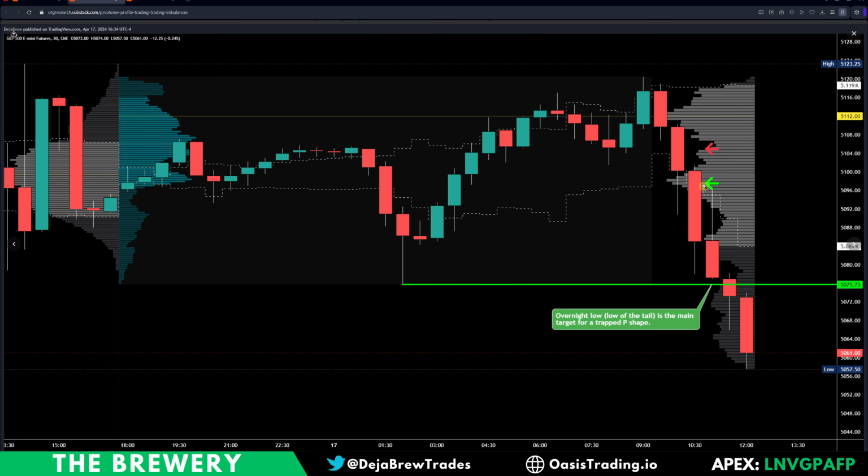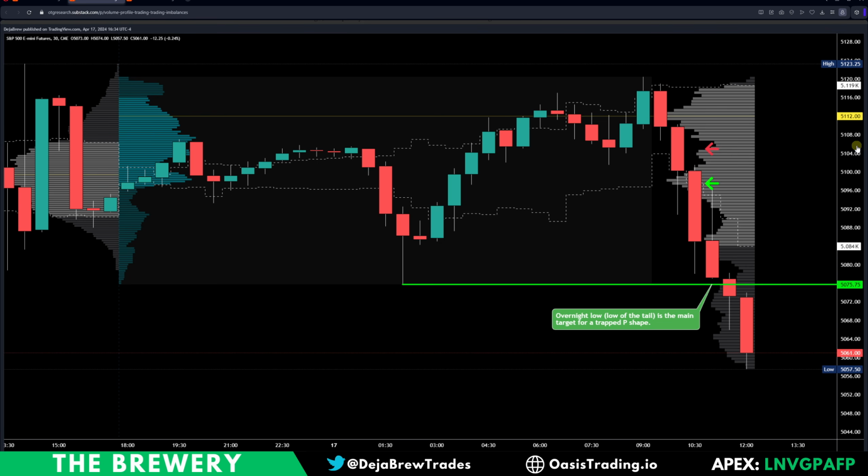So once that value area low was lost, if you did not get the sweeping trade, you can take it when it begins to show a lot of bearish momentum into that value area low. We begin to lose that value area low as support. So typically, if you think about a P-shaped profile, the most optimal buy point for those buyers is that value area low, because they want to protect that low and then rotate it back to that value area high and possibly look for higher prices even outside of the value area high.